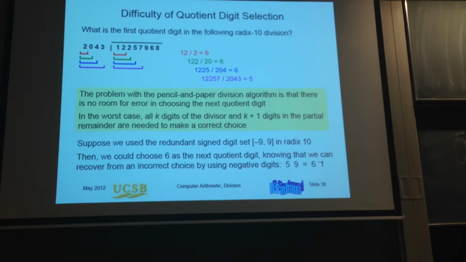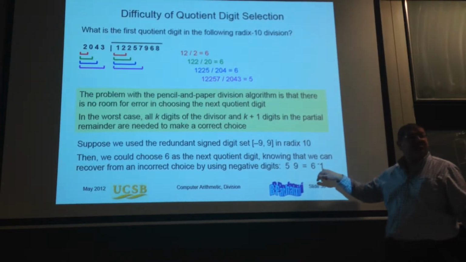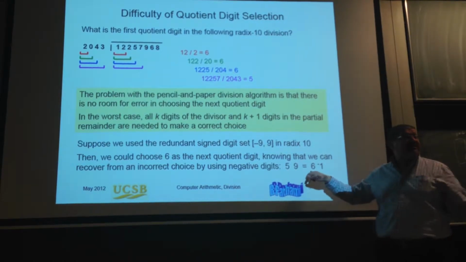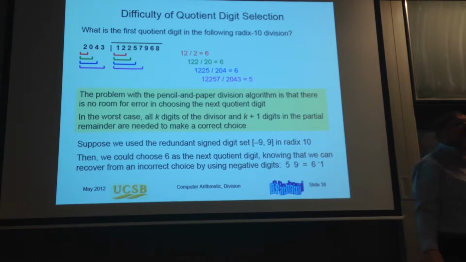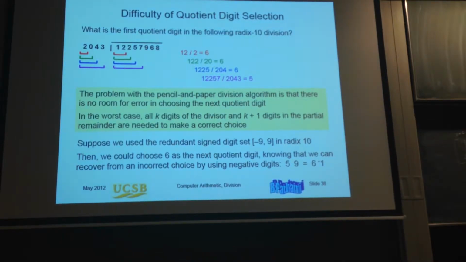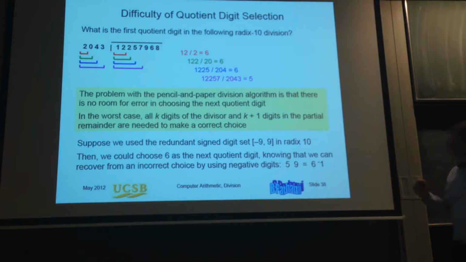However, if I assume a redundant set, I have an opportunity, and I can write 59 as 6 minus 1. Then I could make a guess of 6 in my example by just looking at 1 digit in D and 2 digits in Z, which simplifies the guess, and then correct later on because I looked at too much.